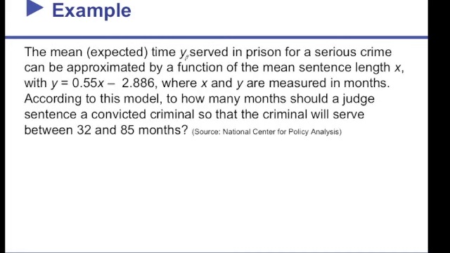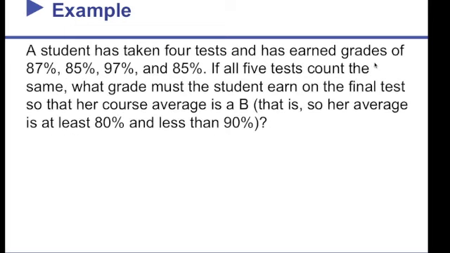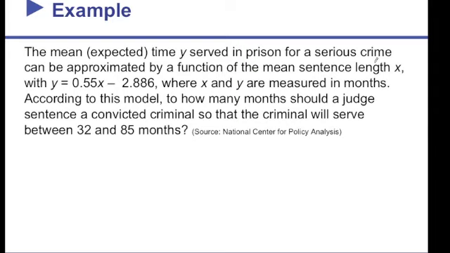The mean expected time y served in prison for a serious crime can be approximated by a function of the mean sentence length, x. So y equals 0.55 times x minus 2.886, where x and y are measured in months.